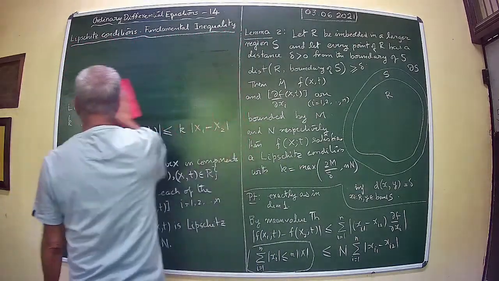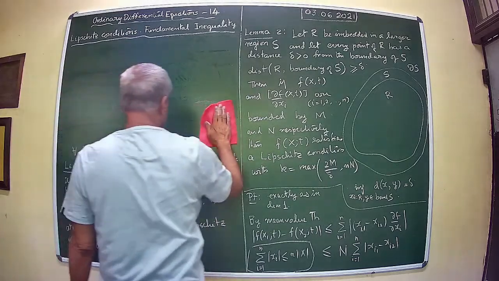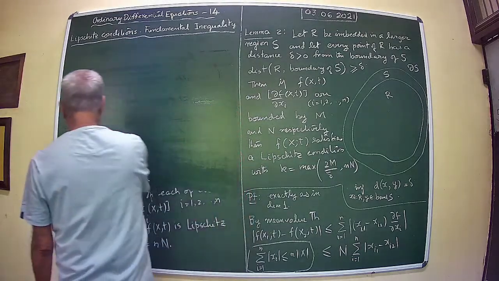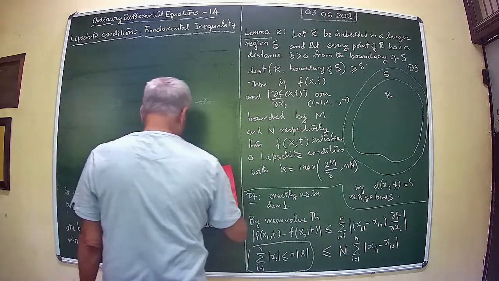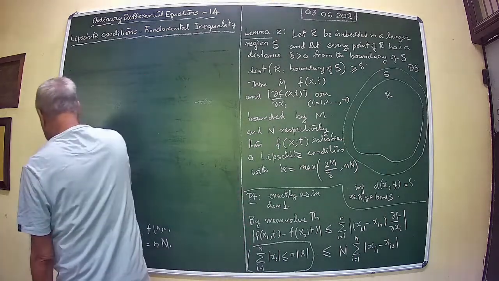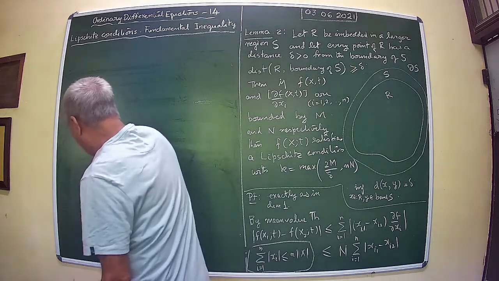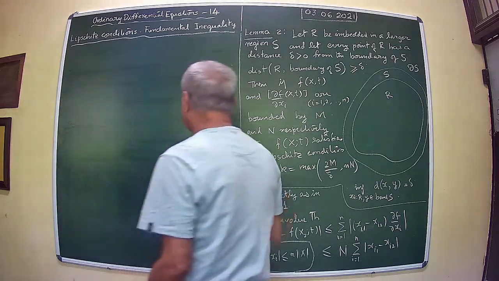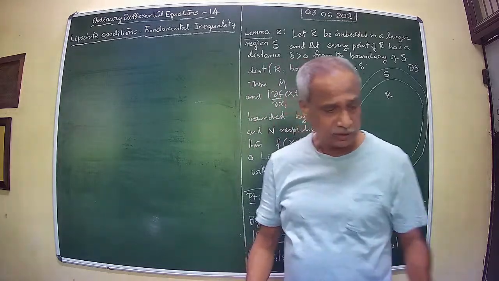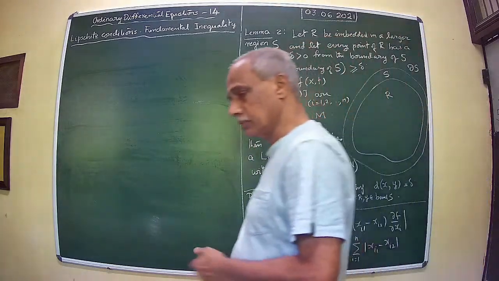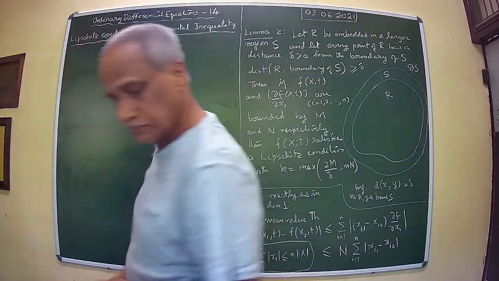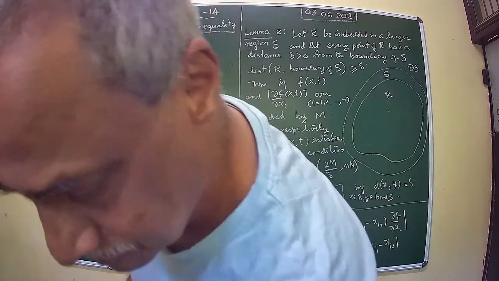Now an important result that we prove is that we have to say what Lipschitz condition means. We have defined it and how it is related to the Lipschitz condition associated with the components.